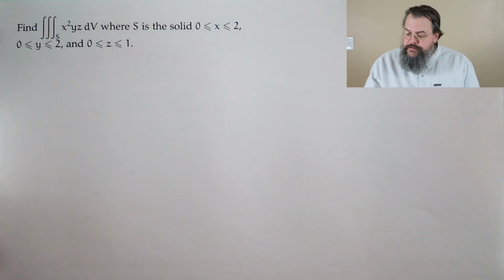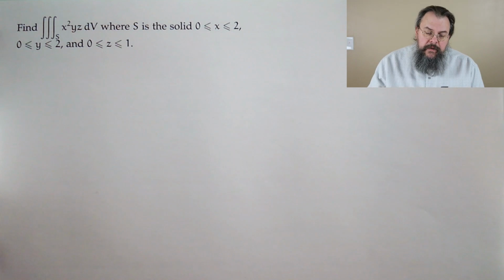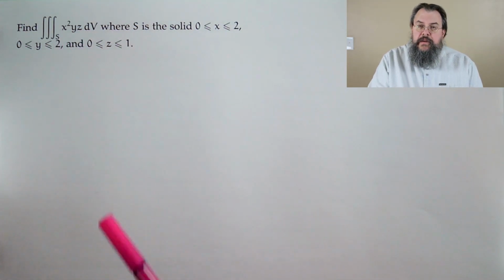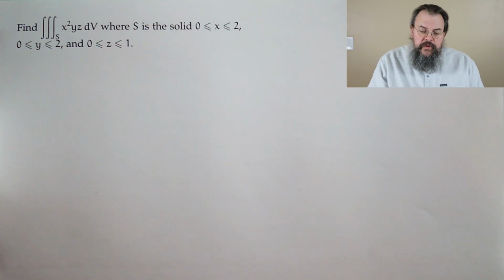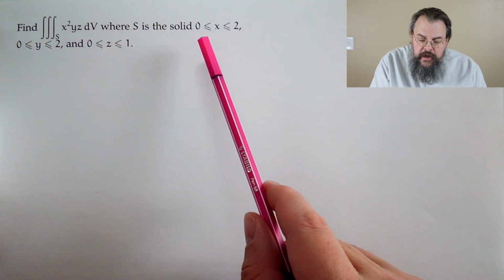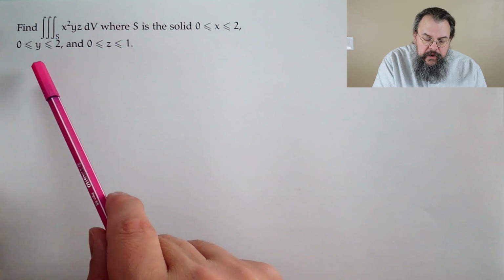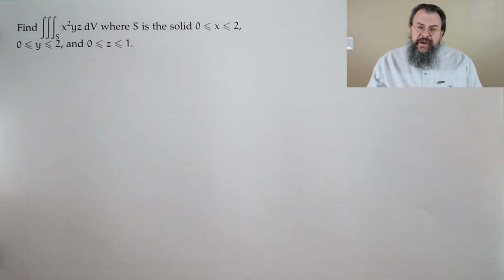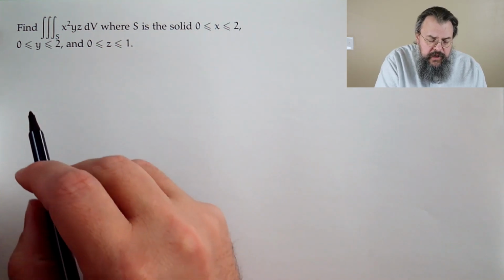Our first problem. We're going to find the integral of the function x squared yz dV over some solid. Namely, x goes from 0 to 2, y goes from 0 to 2, and z goes from 0 to 1. We can actually draw this solid. It's pretty nice.